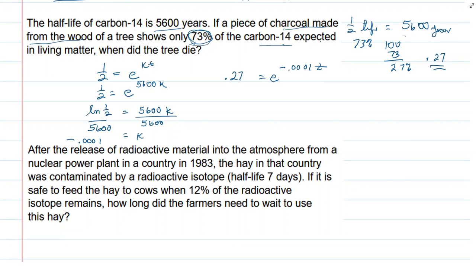Because now 50% is after 5,600 years, right? And so the rate is negative 0.0001 per year. Did I do that math right? 73 minus 100? Okay, we're good. Natural log.